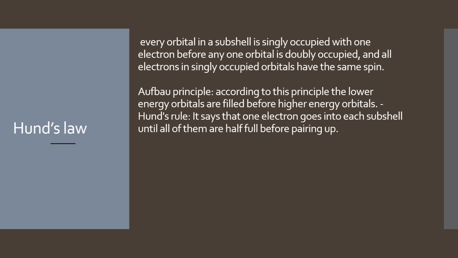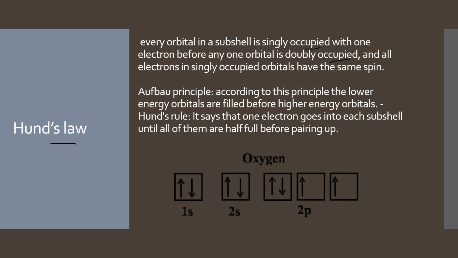Now let's talk about the last rule, that is Hund's rule. Its statement is: every orbital in a subshell is singly occupied with one electron before any one orbital is doubly occupied, and all the electrons in singly occupied orbitals have the same spin. Suppose we are given a configuration like 1s2, 2s2, and 2p4.